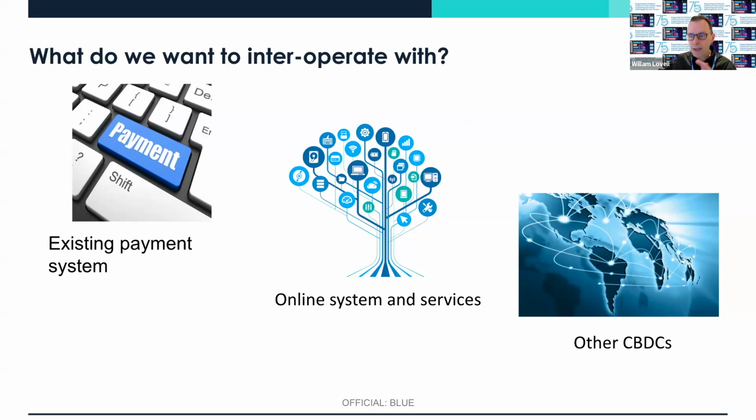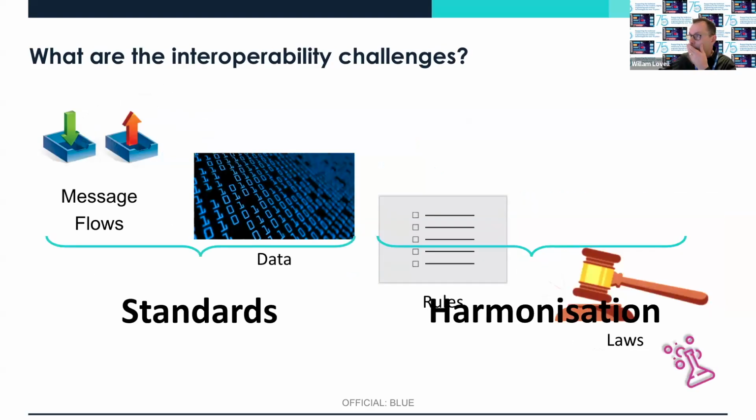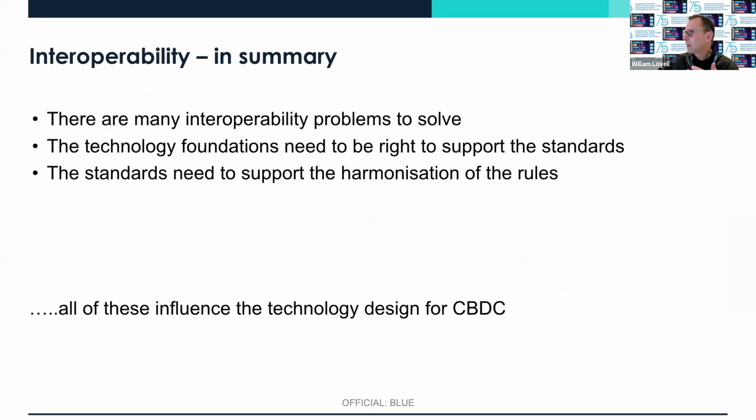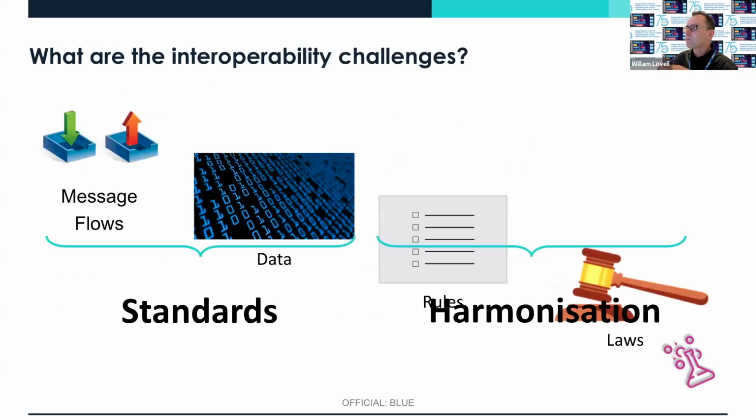I'm not going to go in depth into every single one, but really, in summary, we need to think about, first of all, message flows and data. And the important thing for message flows and data is that we have the right standards in place. Now, there are a lot of standards within the payment system already.